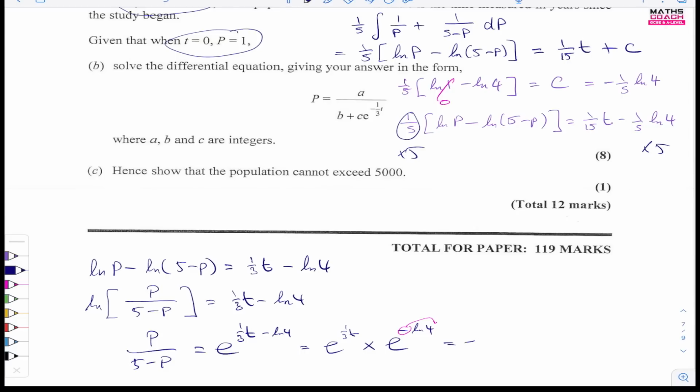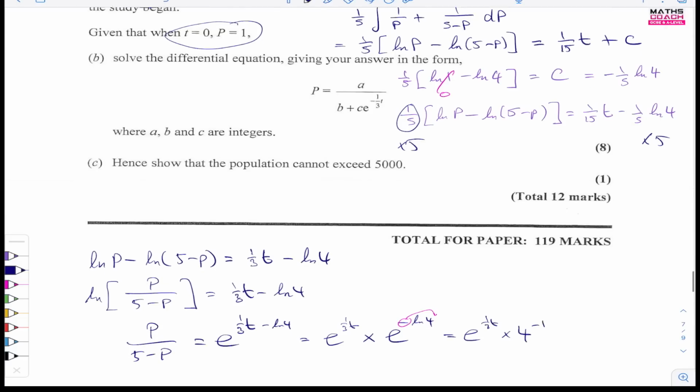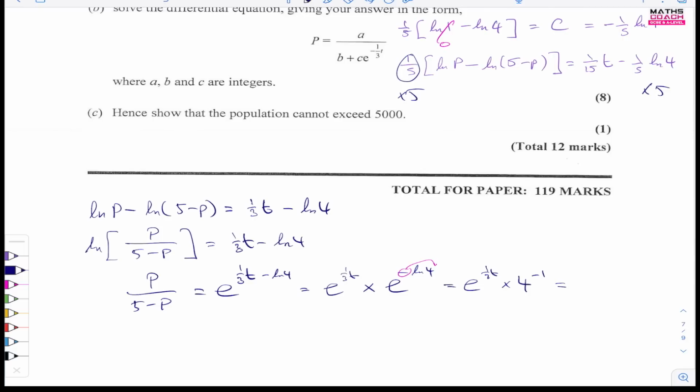So this will give me e to the 1/3 t times 4 to the power minus 1, which is basically 1/4 of e to the 1/3 t. So p therefore is going to be 5 minus p multiplied by 1/4 e to the 1/3 t. So expand that out, so you get 5 over 4 e to the power 1/3 t minus 1/4 e to the 1/3 t times p.